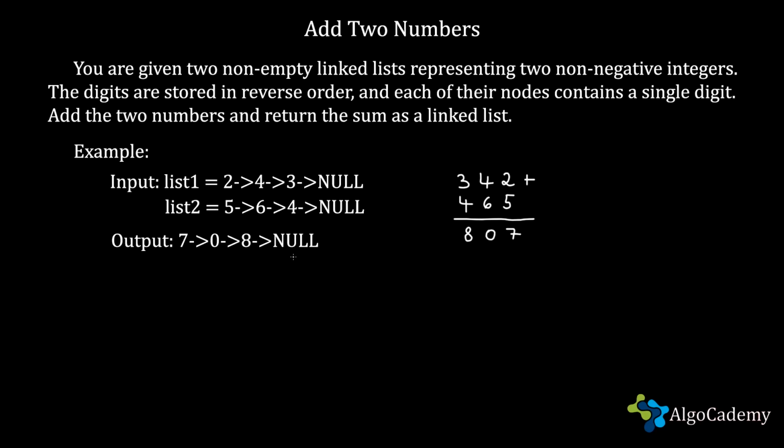Cool. So the first thing that might seem a little bit odd in this problem is not only that the numbers are stored in linked lists, but why are the digits stored in reverse order? Well, actually, that is for our own benefit. Because when we add two numbers, the algorithm that we have learned in primary school is that we start with the last two digits, add them, get the result, eventually a remainder, then move to the left, and add these two digits together, and so on and so forth, right?